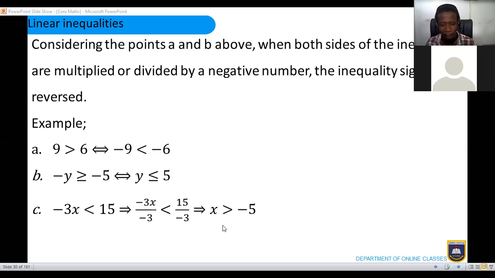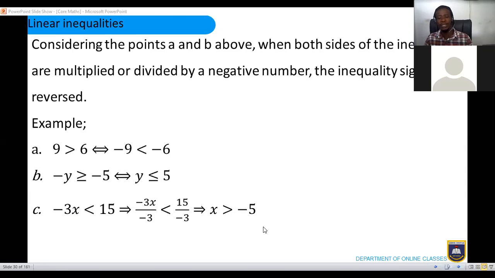So negative 4 is greater than negative 5 because x is greater than negative 5. So we can take negative 4 to be x. When we substitute into the inequality, negative 3 times negative 4 is positive 12. And indeed, 12 is less than 15. Again, negative 3 is greater than negative 5.